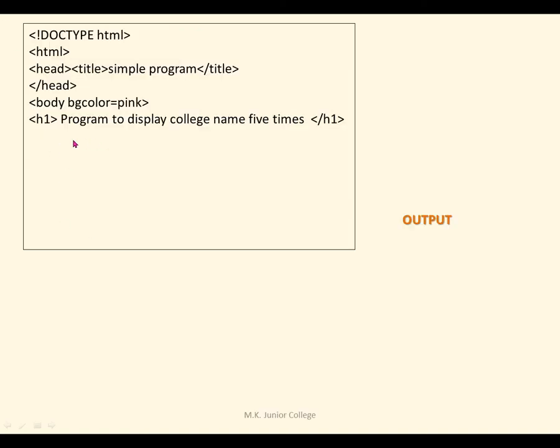Now this is a simple program, not just a while program. I have given all the basic tags here, and the heading of this program is: program to display college name 5 times. To display the college name 5 times with JavaScript, I know a simple statement, document.write.